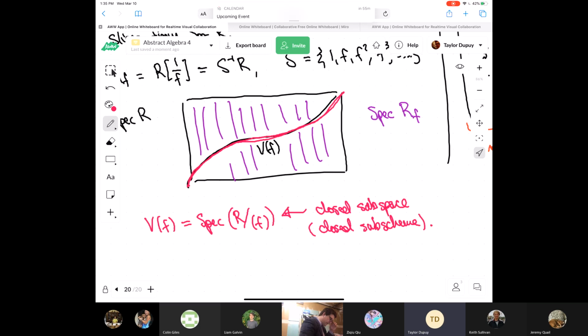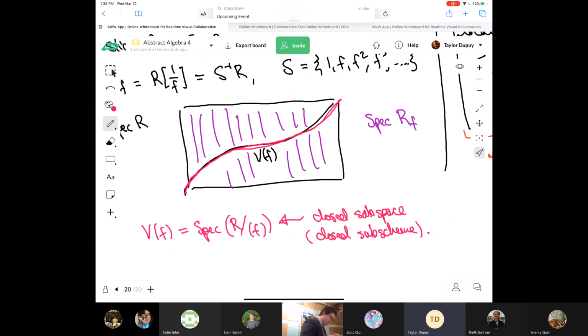Whenever you take a quotient, it's a closed thing. So these quotient rings correspond to closed subschemes. What we're removing here is this closed subscheme, so this part is closed and this part here is open. This is what's called a principal open set.